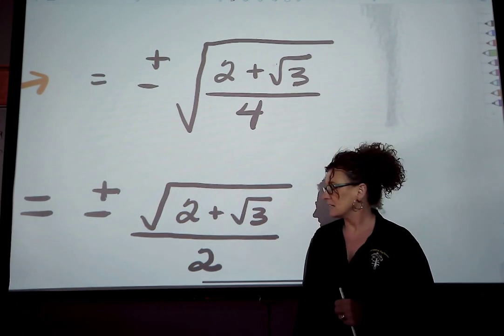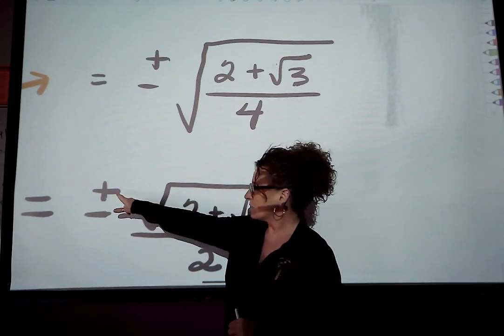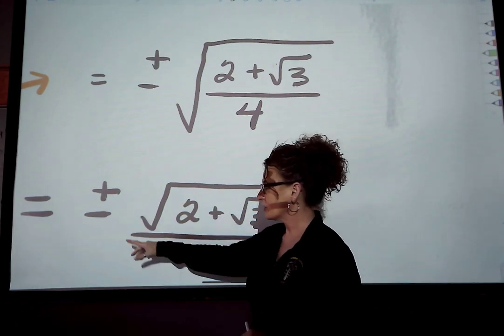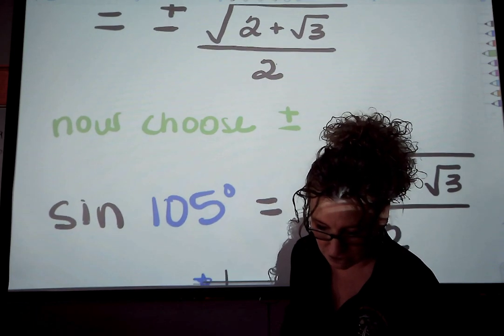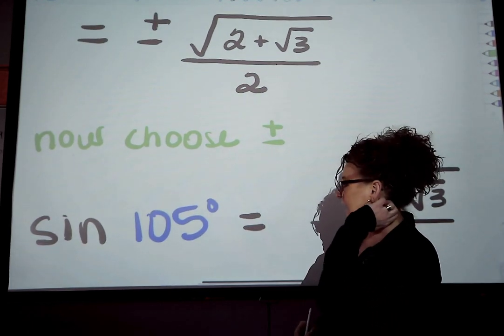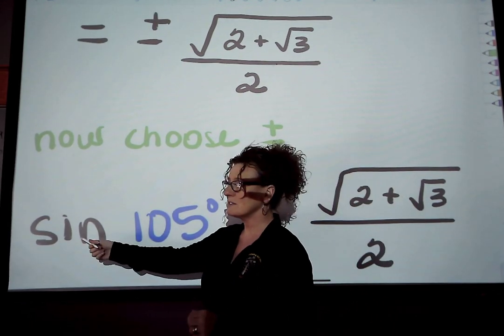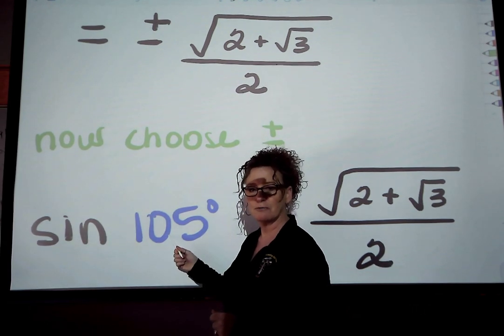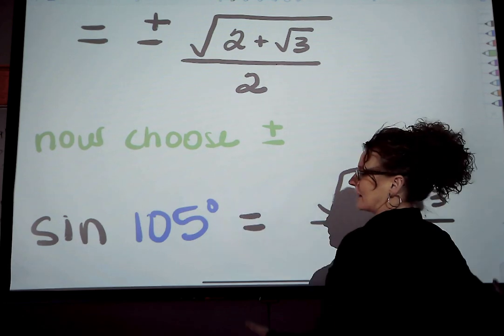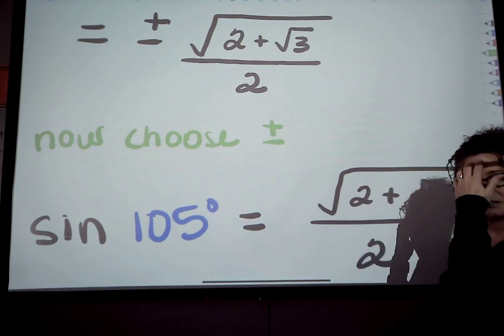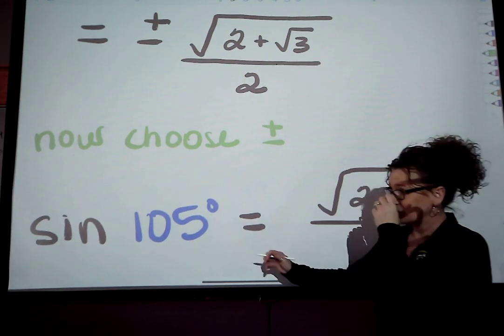It's time to choose. Do we want the positive version of this fraction or the negative version of this fraction? So here I go, getting ready to write my answer. The original problem asked, what is the sine fraction for 105 degrees? Here's my sine fraction for 105 degrees. 105.